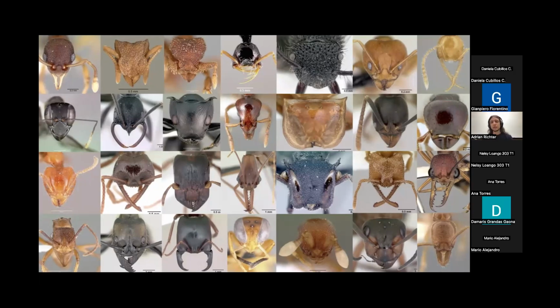And the evolution of this huge diversity of morphologies, how and why that evolved, is what drives my research and what I ultimately hope to contribute to finding out more about.